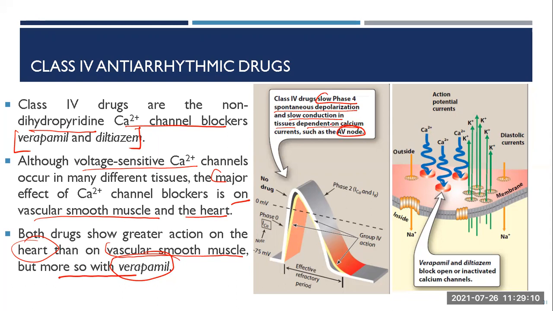So by blockade of the calcium channels, conduction through the AV node is prevented. Verapamil and diltiazem block the open or inactivated calcium channels.